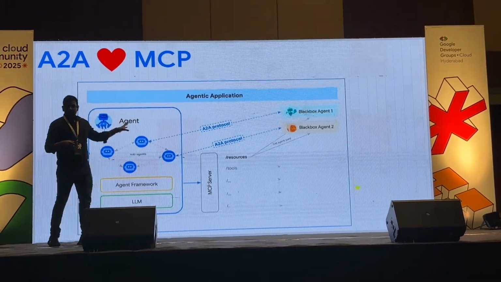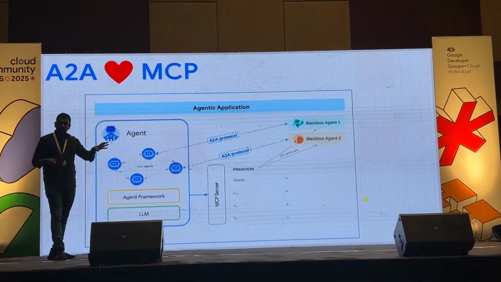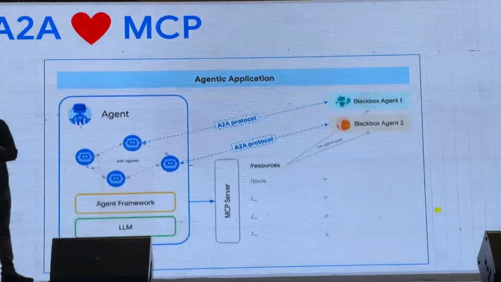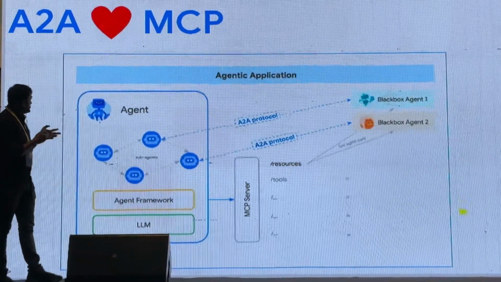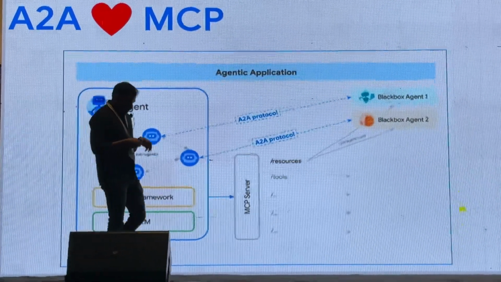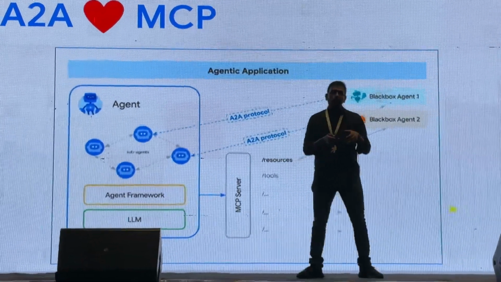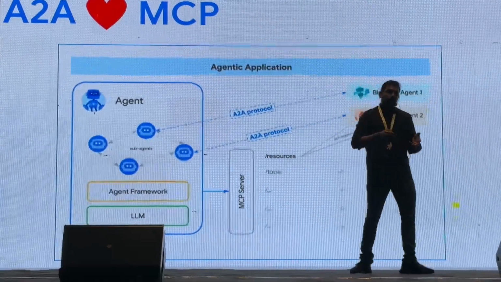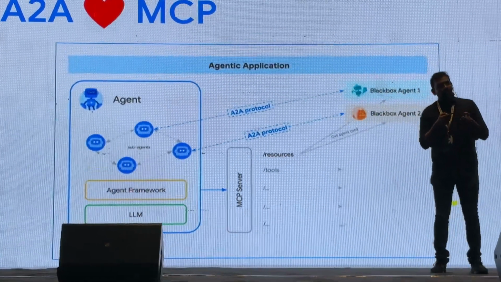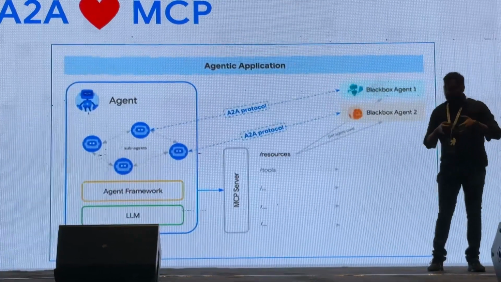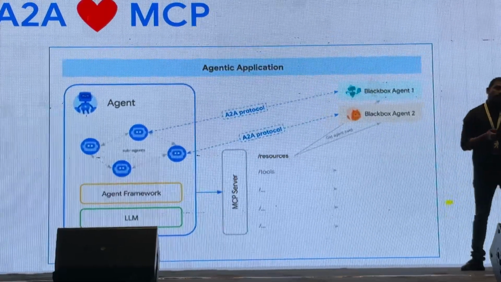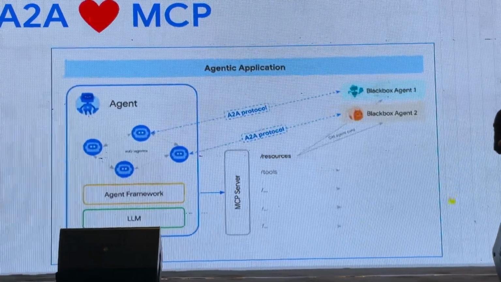So this is a high-level architecture of where MCP and A2A work. They try to complement each other because both are not mutually exclusive, but complement each other on a broader level so that they solve the complex AI agent ecosystem problems.